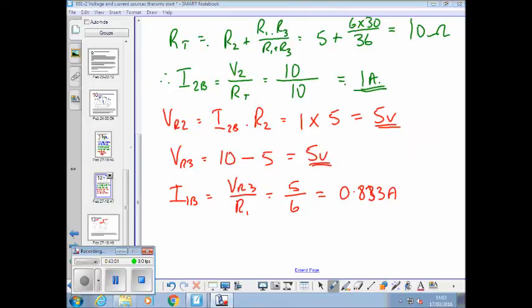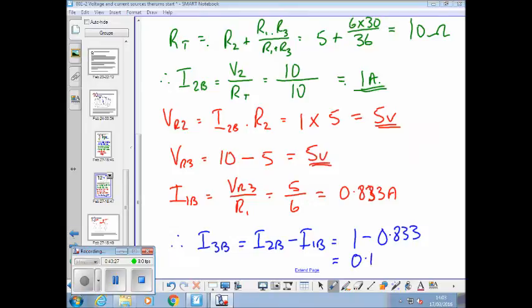And that means I3B is I2B minus I1B, which is 1 minus 0.833 equals 0.167. I got 0.167.